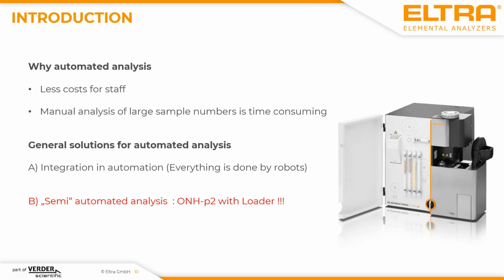This is something we can do also because our software does support the communication with other external softwares, but this is not part of this presentation. This presentation just takes care about semi-automated analysis with an integrated autoloader.